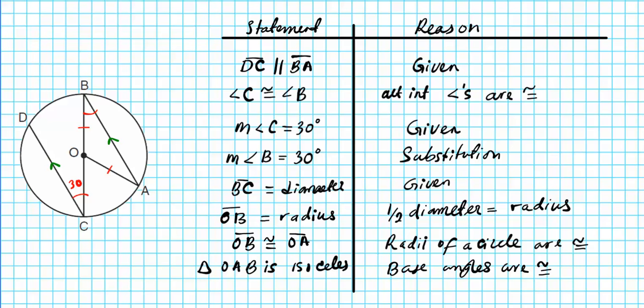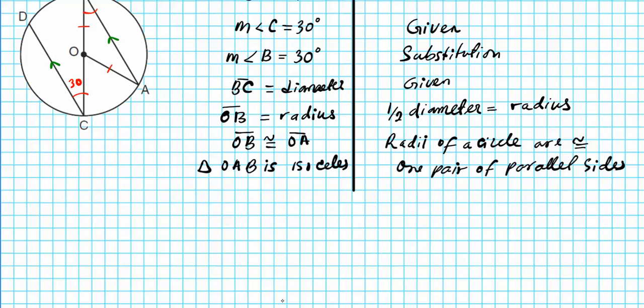Well, actually, we have a pair of parallel sides. Let me change my reason right here. Reason is one pair of parallel sides. We have one pair of parallel sides. Okay, we're going to talk about base angles in a second. I kind of jumped ahead of myself.